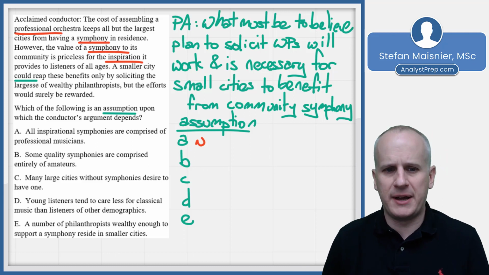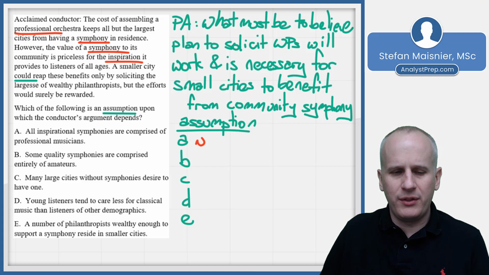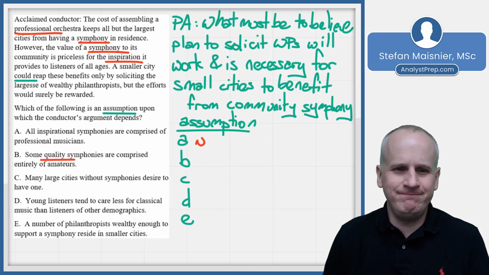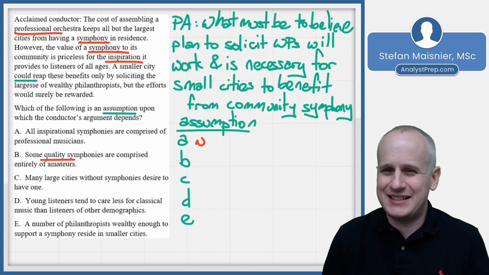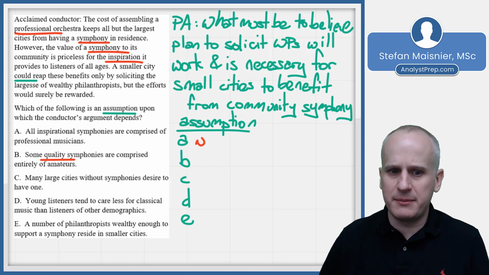There's no term shift. Now, some quality symphonies are comprised entirely of amateurs. Well, this too, we've got quality symphonies. And again, this is getting a little bit different because I don't see what quality means, but we see that it's at least talking about symphonies, and professionals and amateurs are kind of oppositional. So we'll hold that too for a moment.